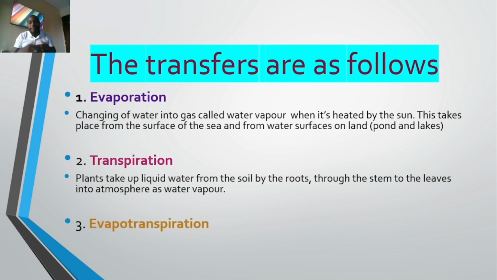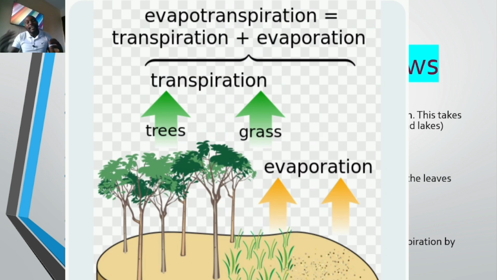Then we have evapotranspiration. Now, there's a difference between transpiration and evapotranspiration. Evapotranspiration is the combination of the evaporation of water from the soil and also transpiration by plants.